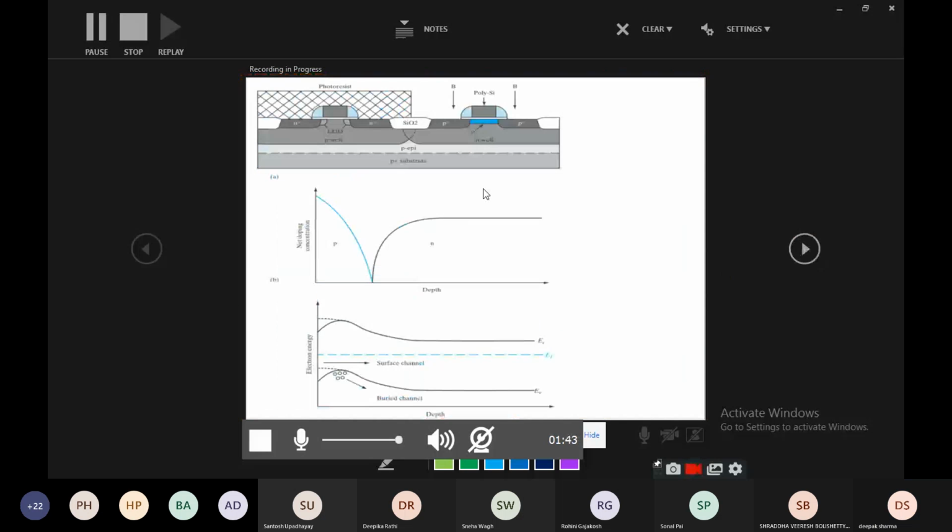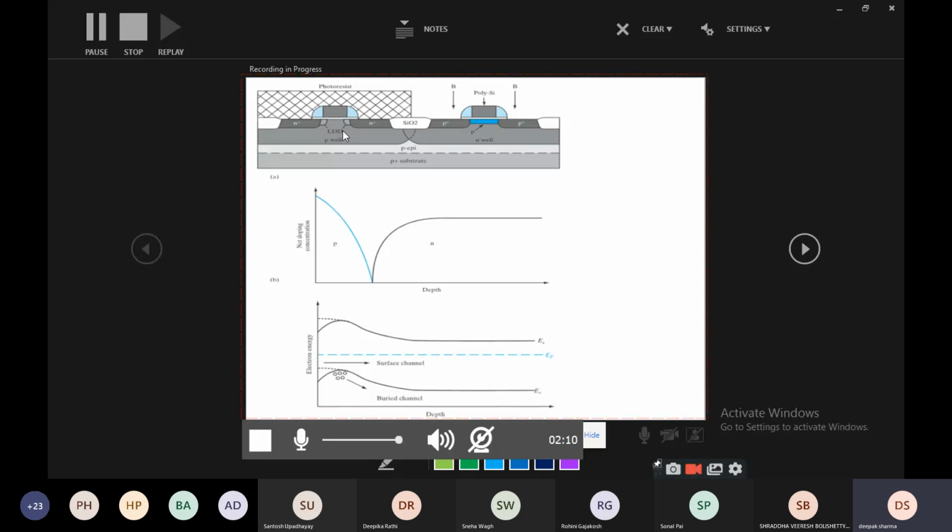So moving further, next we are able to see a P substrate, right? This is one transistor. In this transistor, we are seeing LDD on one side, right?